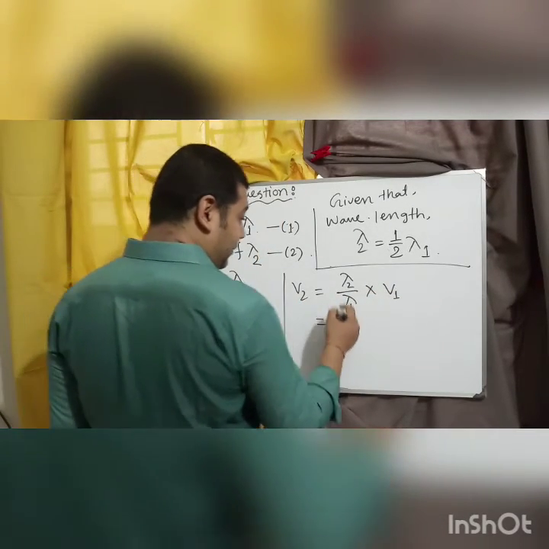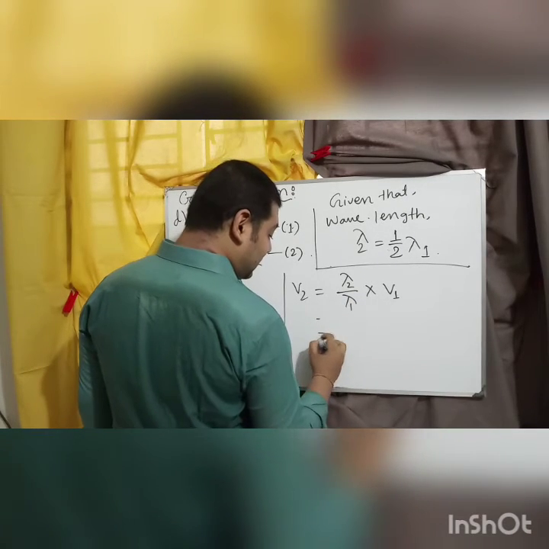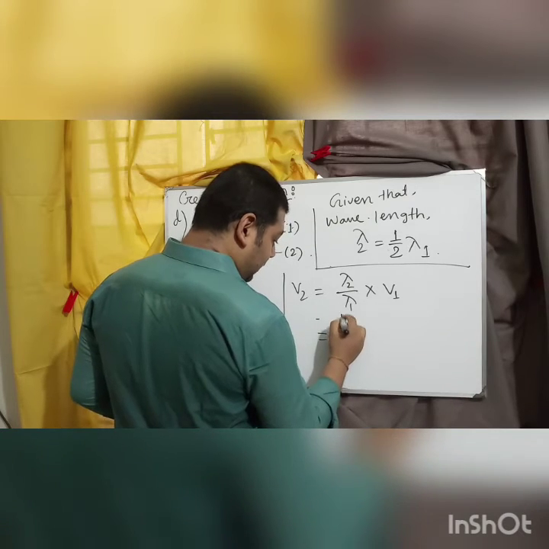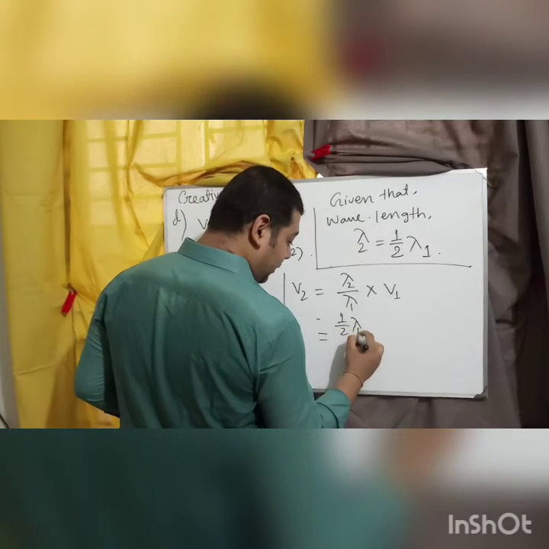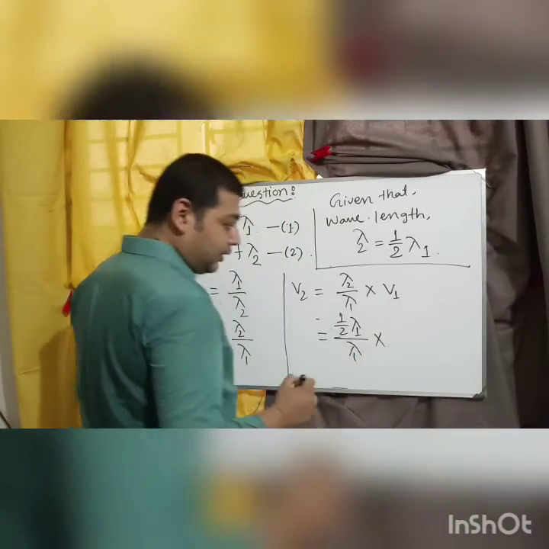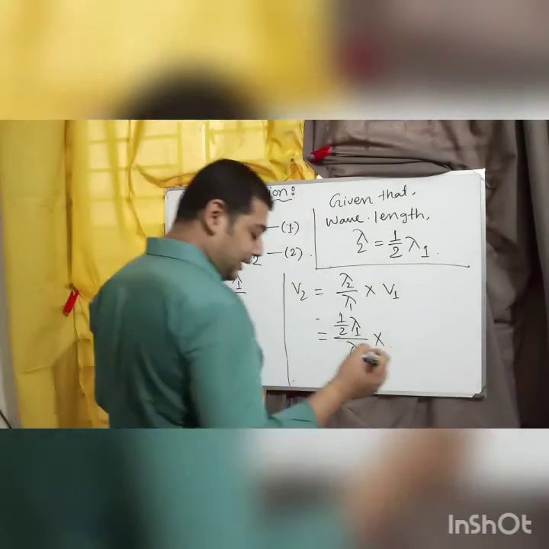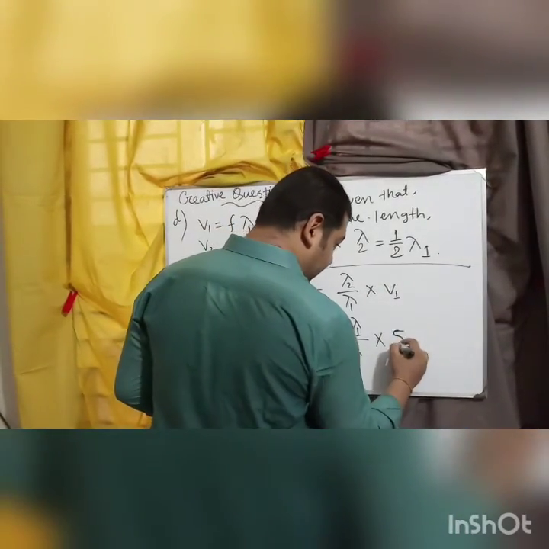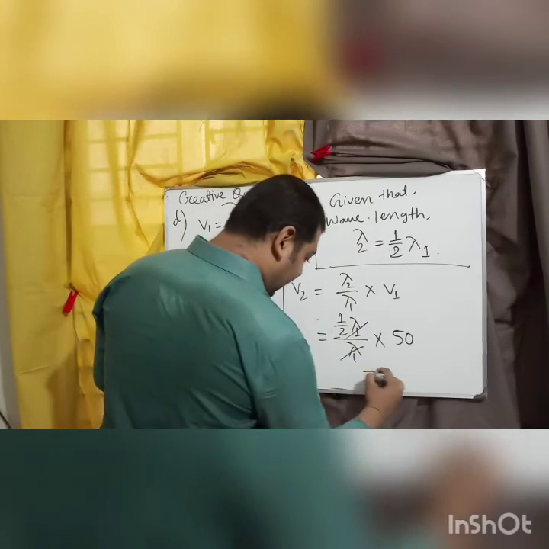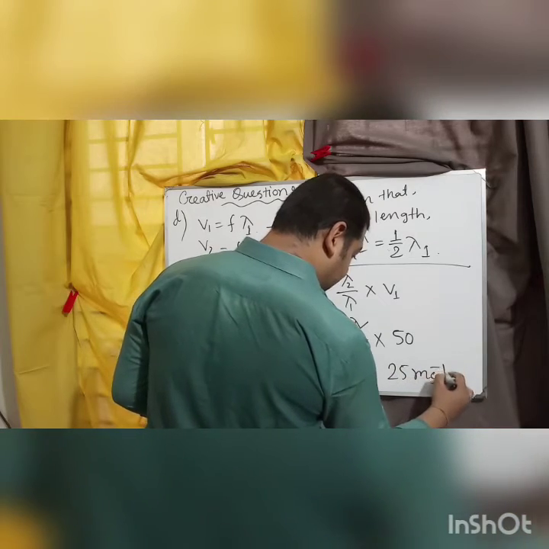Putting the values, lambda 2 is half of lambda 1, and v1 we get from question C is 50. By calculating this we get 25 meters per second.